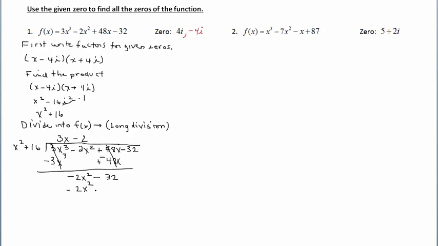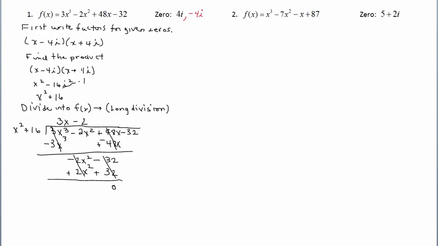Negative 2 times 16 is minus 32. Notice when you take the opposite of all the signs, then you add down, we're going to get a remainder of 0, which means 3x minus 2, the quotient, is another factor of the cubic.